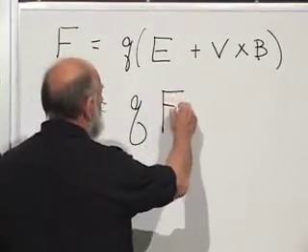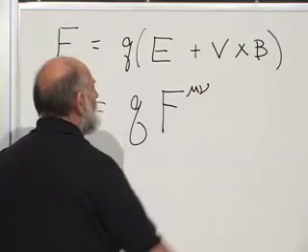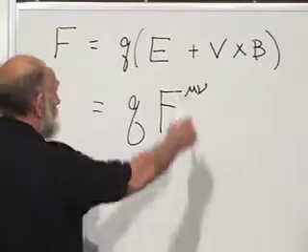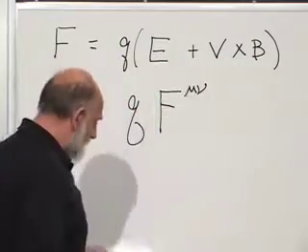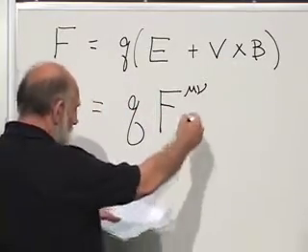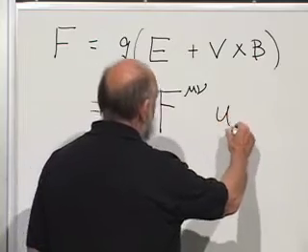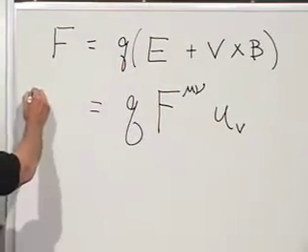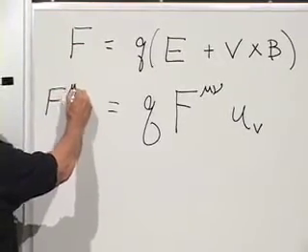And I'll remind you in a little while what that field tensor is, but it's an antisymmetric field tensor which is built up out of the electric and magnetic fields, and it's multiplied by the 4 vector of velocity. This is the mu-th component of the force.